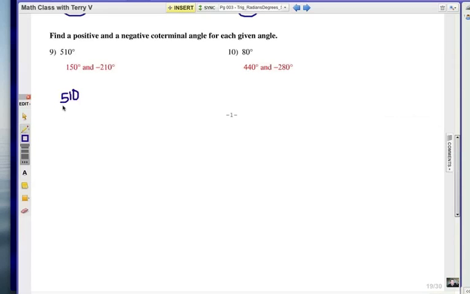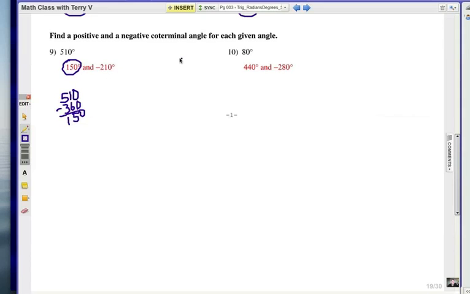All right, number 9. Notice how 510 degrees is way more than one complete spin around. So let's go ahead and subtract a spin, which is 360 degrees, from that, and it will give us 150 left over. So that's where we get that coterminal angle. Now also, if you are going to be going around that far, you are going to have 210 degrees in a negative direction.